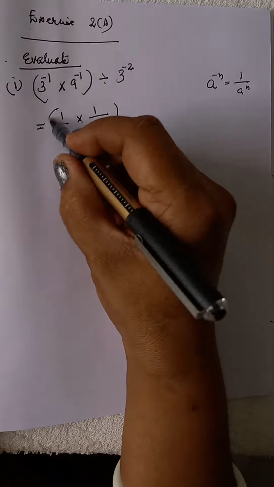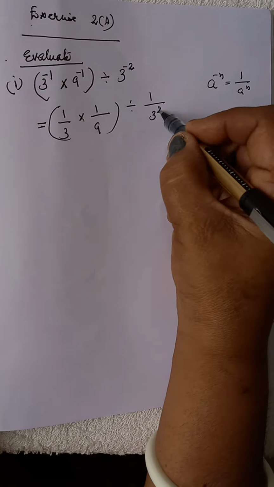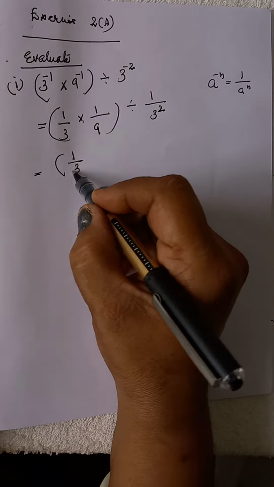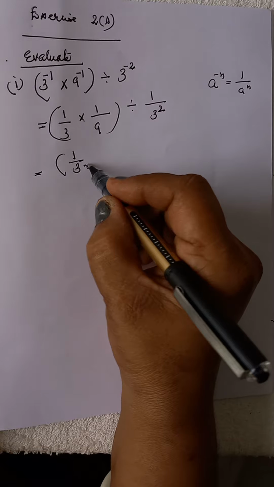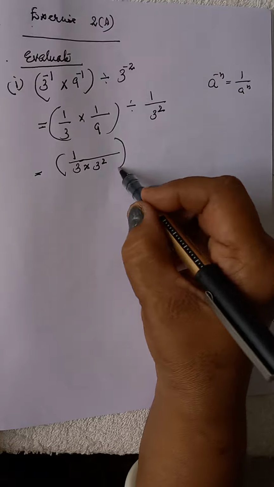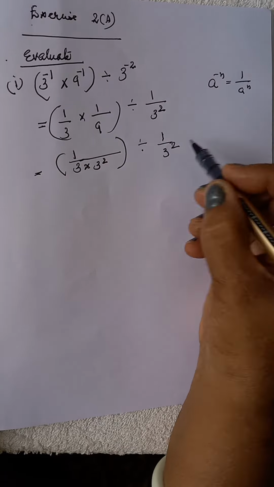Now that divided by 1 by 3 square. Now this can be written as 1 by 3 into, this 9 can be written as 3 square, divided by 1 by 3 square.